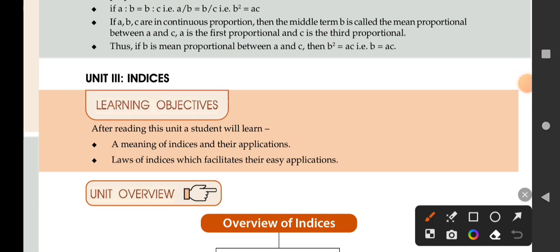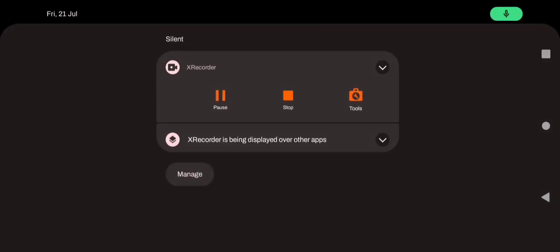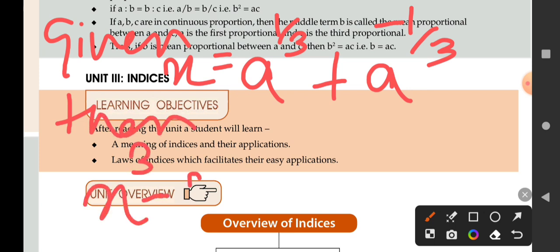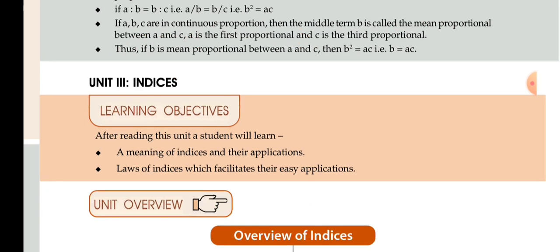The next formula is again given, x is equal to a raised to 1/3 plus a raised to minus 1/3. Then x cube minus 3x is equal to a plus 1 by a. Okay, I hope you understood this.